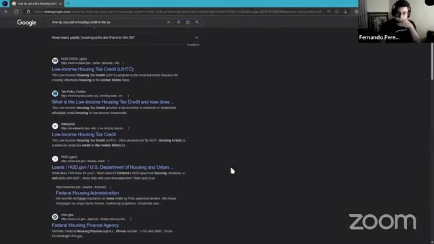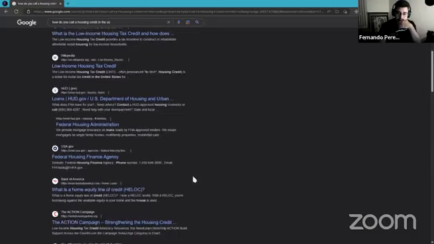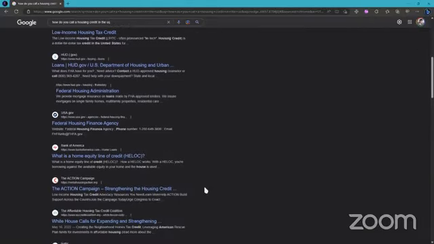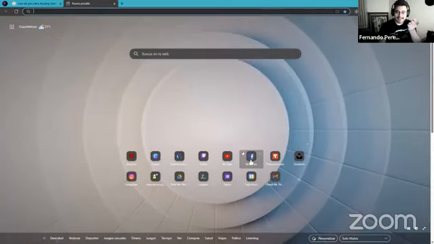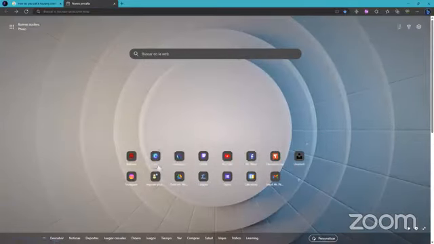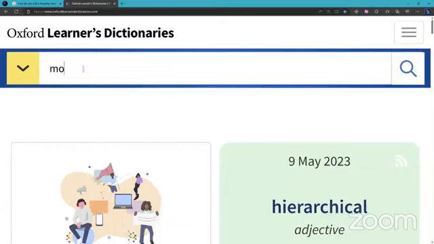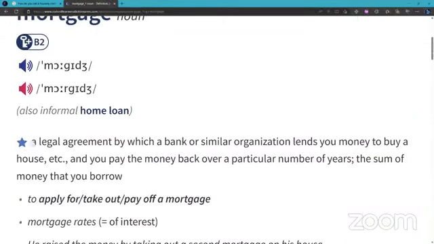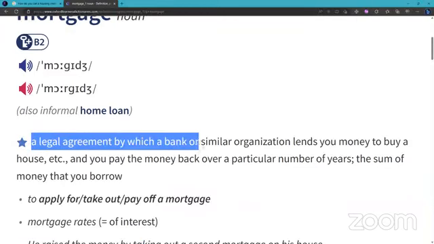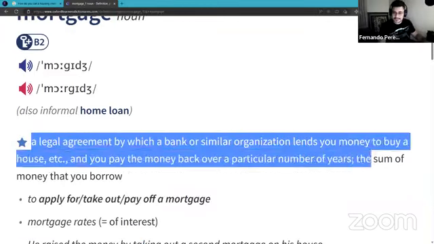No, there's another name for it. Mortgage, something like that. I don't remember the pronunciation. A legal agreement by which a bank or similar organization lends you money to buy a house.